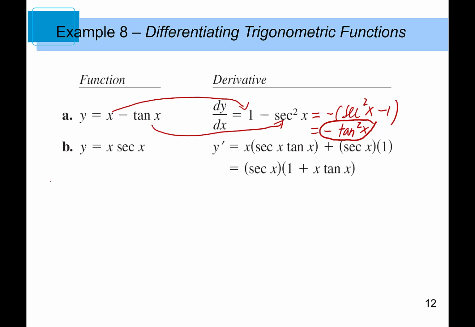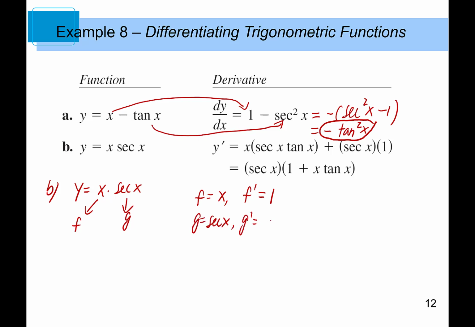And for B, we have y equals x times secant x. Here, this is our f and that's our g. So f equals x, so f prime, the derivative of x, becomes 1. And g equals secant x, so g prime equals secant x times tangent x. Now we use the product rule.